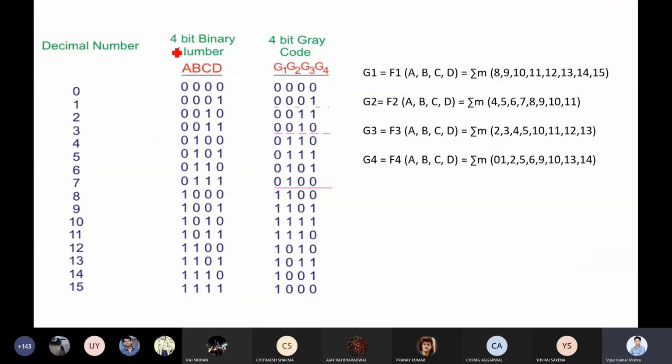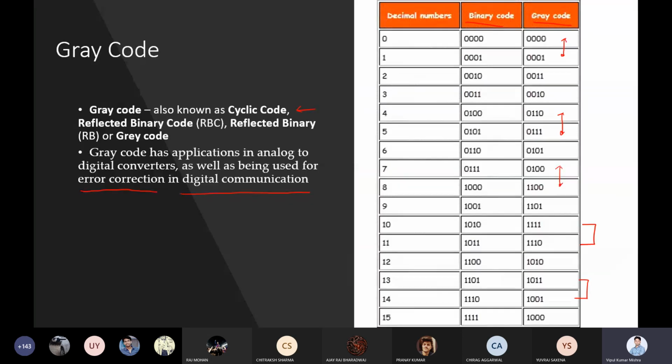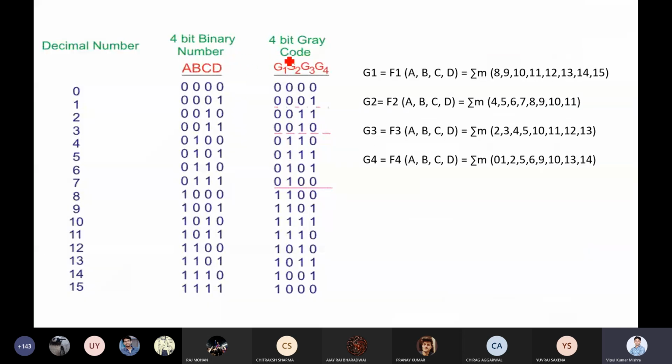So then you create a truth table, the same truth table we have used, and here the gray code values are G1, then G2, then G3, then G4. So this is the 4-bit output for us, and here we have a 4-bit input.